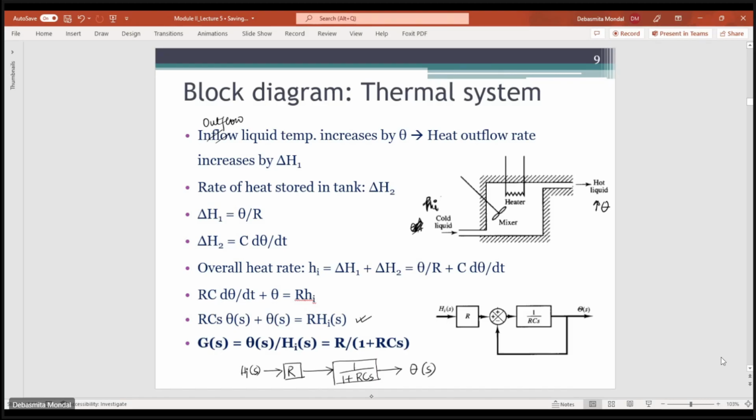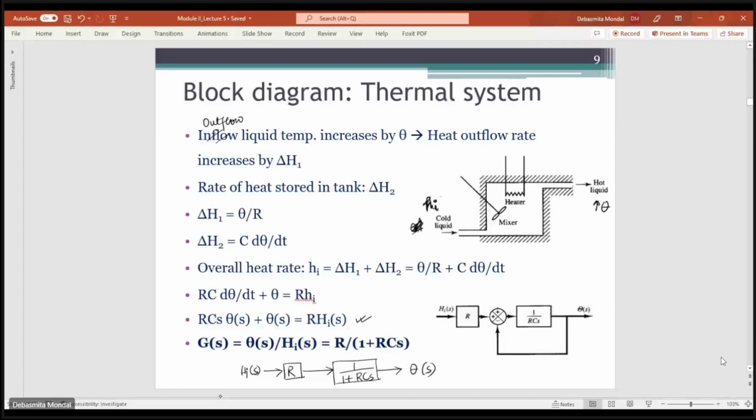So this is one way of representing it. If you want to represent this as a block diagram, this is one way of representing the block diagram. Also, what you can do is take this 1 by 1 plus RCS and represent it as a unity feedback loop with the forward transfer function of 1 by RCS.